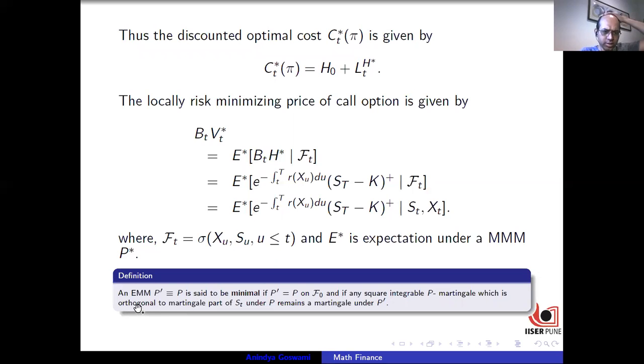This is the definition: an equivalent martingale measure P prime is said to be minimal if P prime is equal to P on the zeroth information level, time 0. If you restrict both measures to the F0 sigma algebra, they are equal. And an F square integrable P martingale which is orthogonal to the martingale part of ST under P remains a martingale under P prime. Exactly what I just explained.